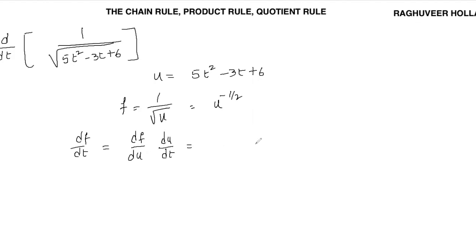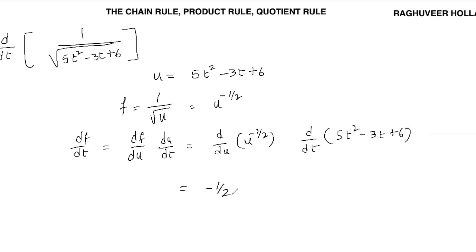So d by du of u to the power of minus half, and d by dt of 5t square minus 3t plus 6. So this is minus half u to the power of minus 1 by 2 minus 1, which results in minus 3 by 2, and this would result in 10t minus 3.